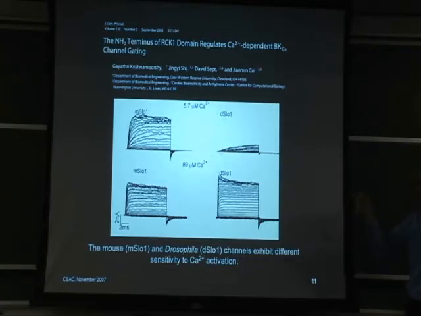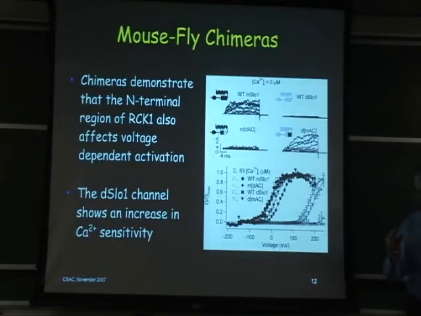The channel from Drosophila, the dSlo channel, activates very little, but as you increase the calcium, now the Drosophila channel activates remarkably fast, so it shows much increased sensitivity to calcium as compared to the mouse channel. But what's of particular interest is if you go back and swap the same N-terminal piece, so we're looking at the same RCK region now, the N-terminal region of the RCK region.